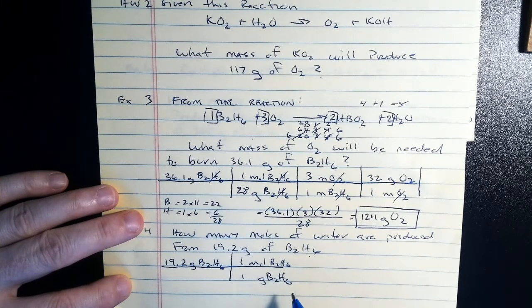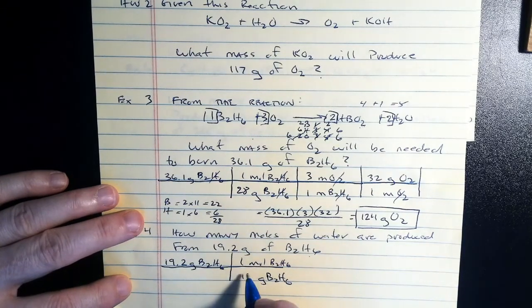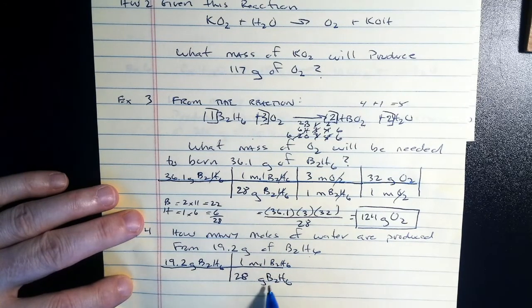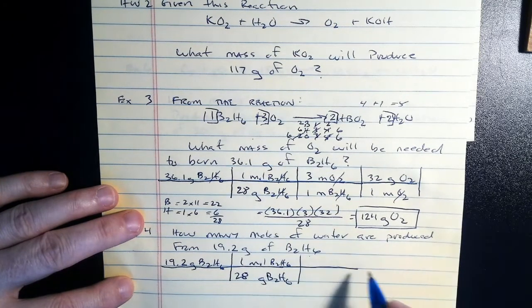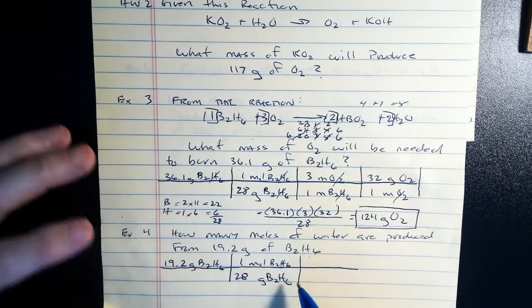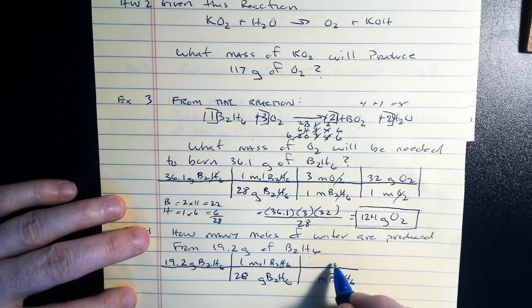Now we did calculate the mass previously, which was 28. So we're going to put 28 right there. Grams of B2H6 are equal to 1 mole. And now we're going to go to water. So we're going to go from moles of B2H6 to moles of water.